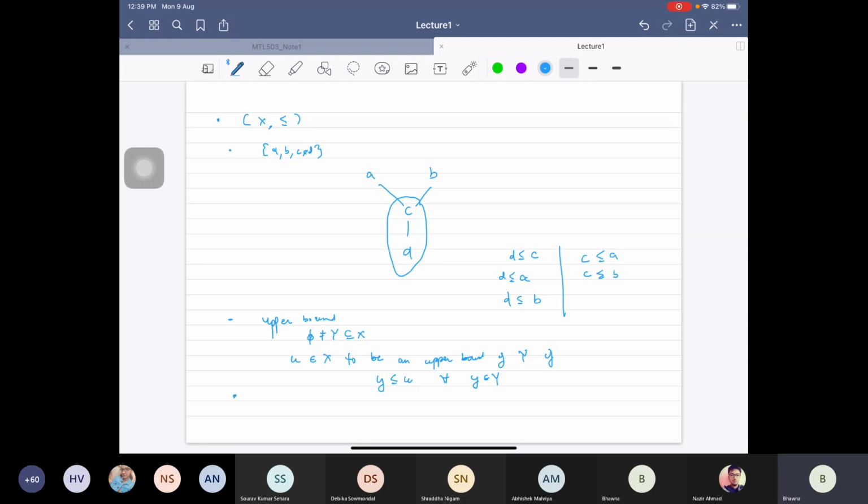Next, we have a notion of maximal element. A maximal element is one which is not dominated by any other element.